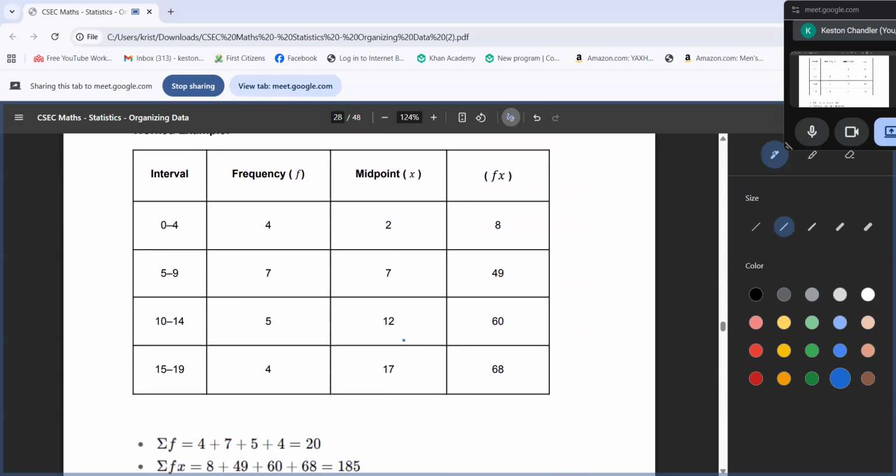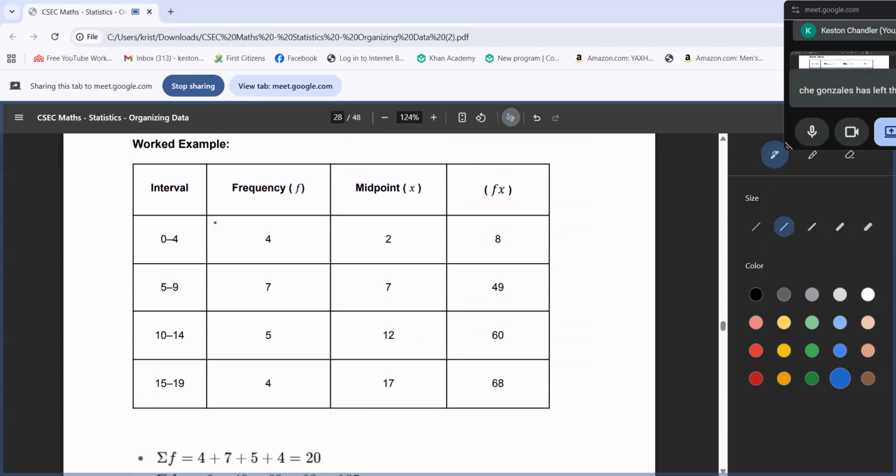Here's a worked example. If we have these different intervals, 0 to 4, 5 to 9, 10 to 14, 15 to 19, let's assume that these are marks students received on a test. This column is telling us the frequency. So 4 students got a mark between 0 and 4, 7 students got a mark between 5 and 9, 5 students got a mark between 10 and 14, and 4 students got a mark between 15 and 19.